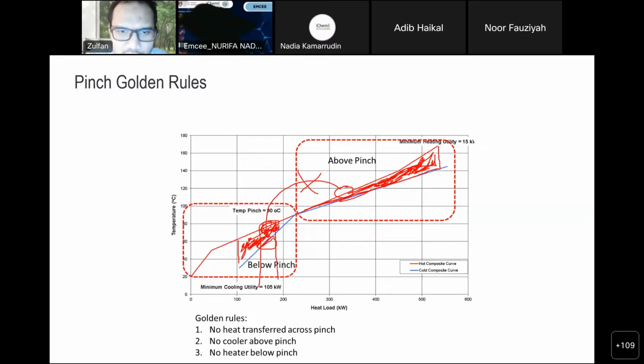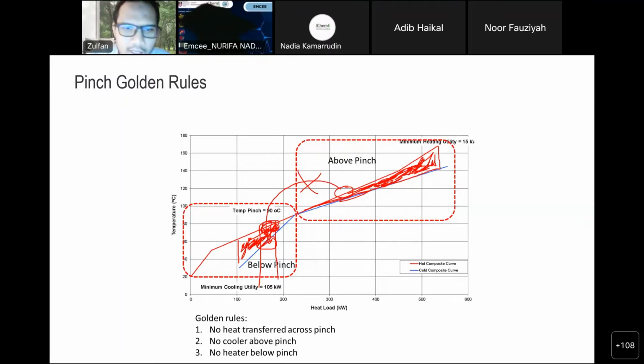So this should heat that one. The same goes with this. We cannot cool down this by that, or heat these streams by those streams as well. So this works both ways.